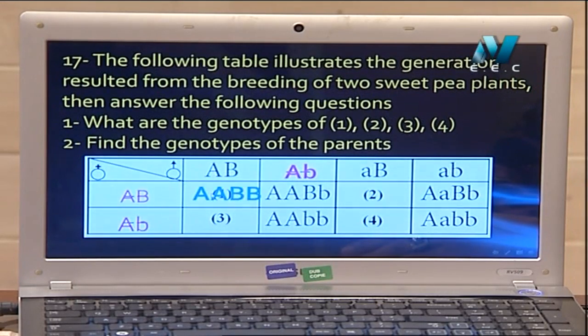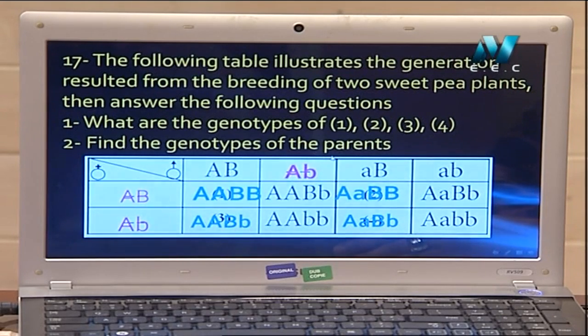The first individual comes from the first gamete, and the second will be capital A capital B capital B. The third will be capital A capital B small b. And this individual comes from this gamete and this gamete: capital A small a, capital B capital B. And the fourth one will be capital A small a, capital B small b.